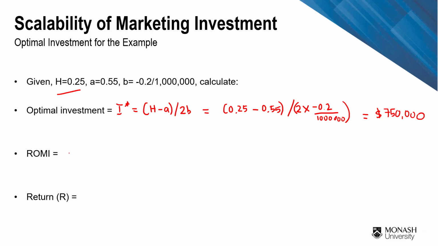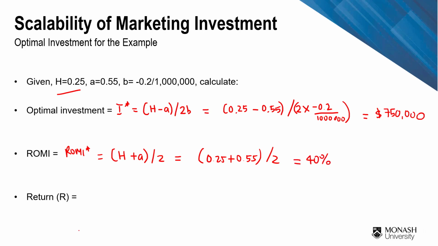And the second one is ROMI. I'll call it ROMI star because this is your optimum ROMI. It will be H plus A divided by 2, which is 0.25 plus 0.55 divided by 2. This will give me 40%. And your R star, which is your return star, you can calculate in two ways.